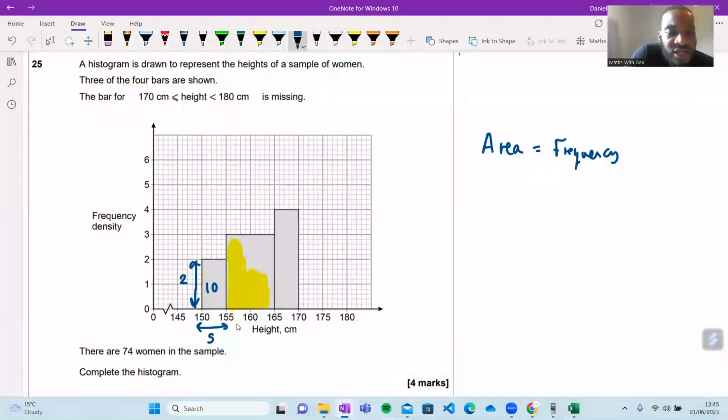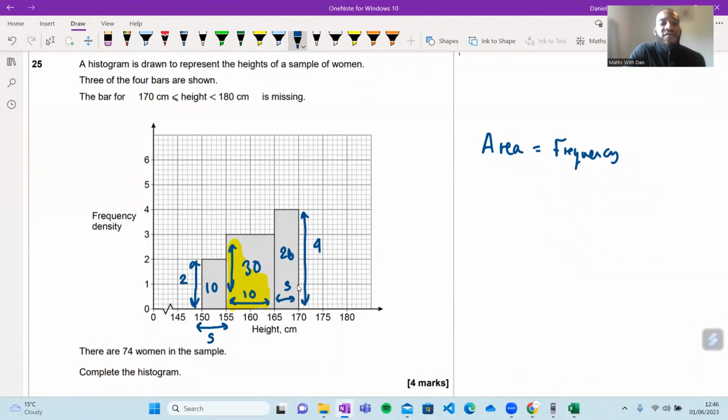And then this one here goes from 155 to 165. So the base is 10, and it goes up to 3, so the height is 3. That means this one is 30. So this one has an area of 10, this one has an area of 30. And then this last one here goes from 165 to 170, sorry, which is 5, and has a height of 4. 4 times 5 is 20.